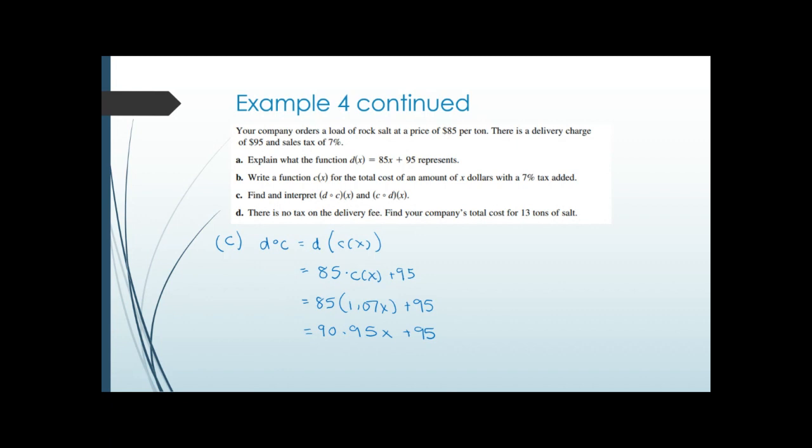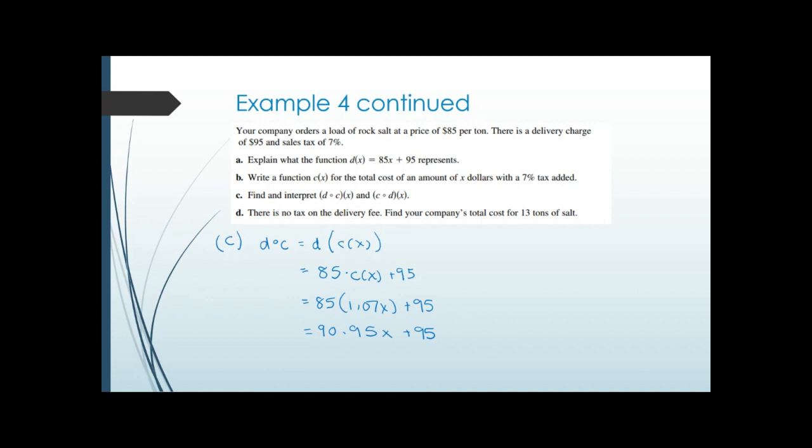And in this case, our input, x, is still going to be the number of tons because that's what x is for D. So we've got $85 per ton times 1.07, so that's taxing the dollars per ton, times the number of tons. And then we've got plus 95. So this would be the total cost plus tax if the delivery charge is not taxed.